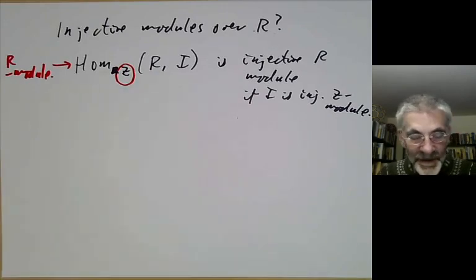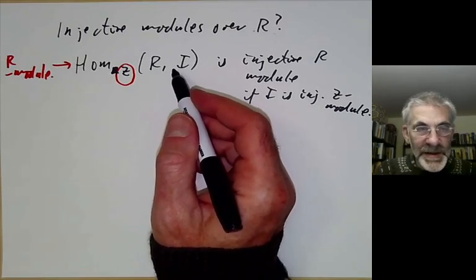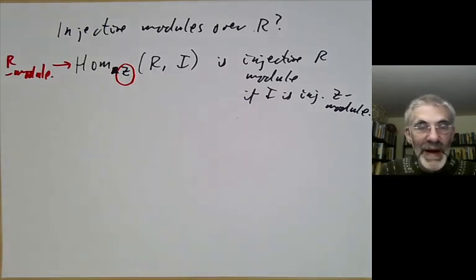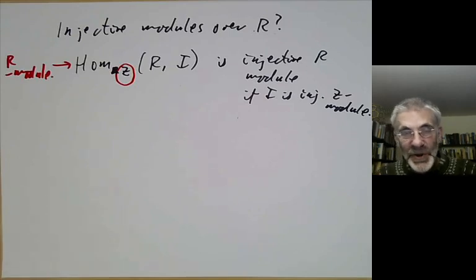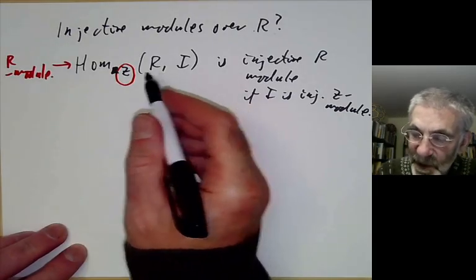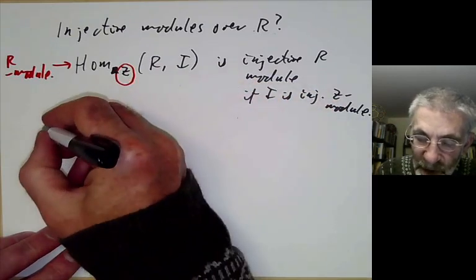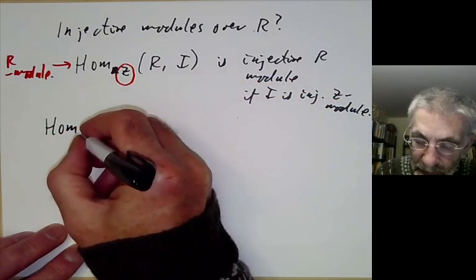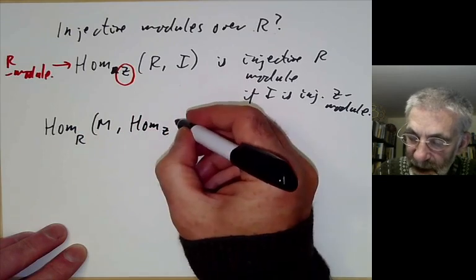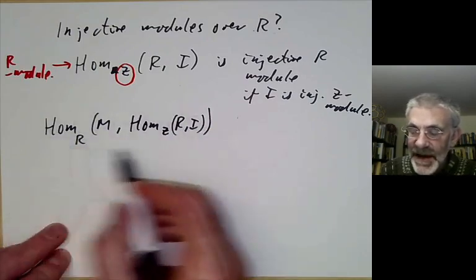And the reason for this is, well, if we want to show something is injective, we've got to study maps to it. You remember the property of being injective says that if we've got a map to it from a submodule, we can extend it to a map to it from a bigger module. So we want to look at the homomorphisms over R from a module M to this module, the homomorphisms over Z from R to I. So in order to show this is injective, we need to understand these objects.